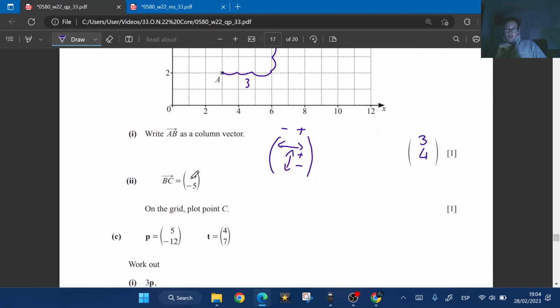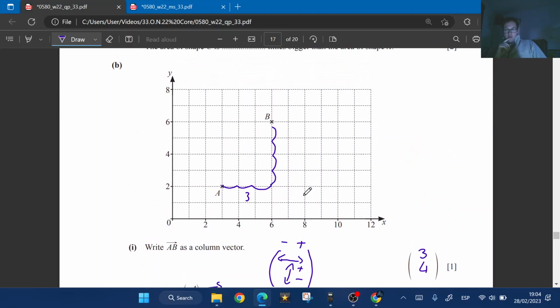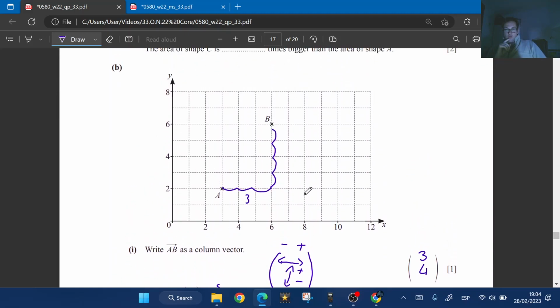Now B is 4, minus 5. So it means we need to move 4 squares to the right because it's positive, and then 5 squares down. And we need to start at B. So starting at B, 4 squares to the right, and then 5 squares down.